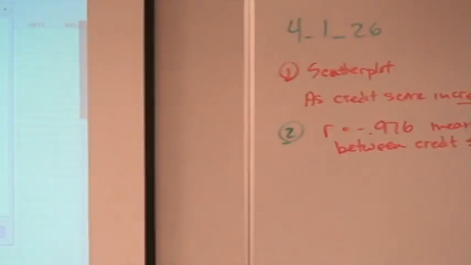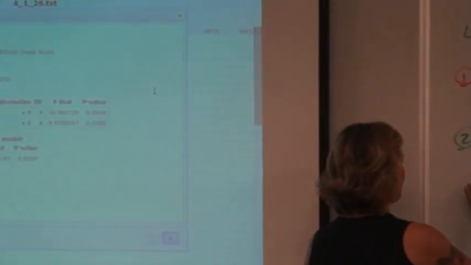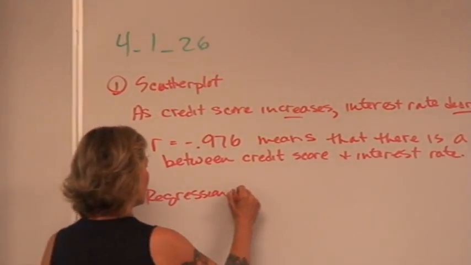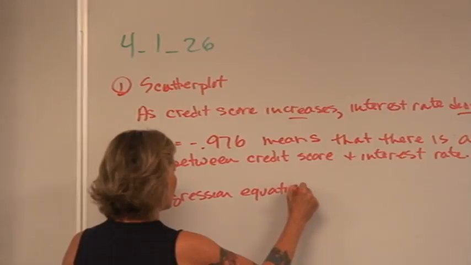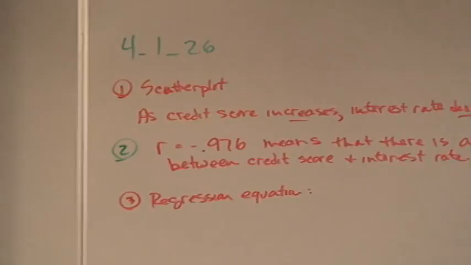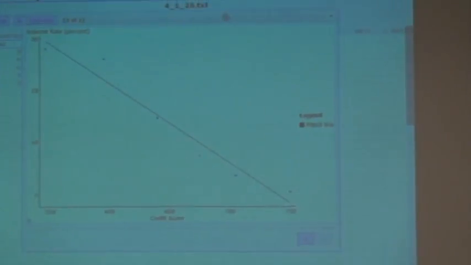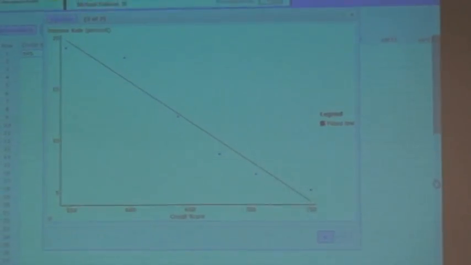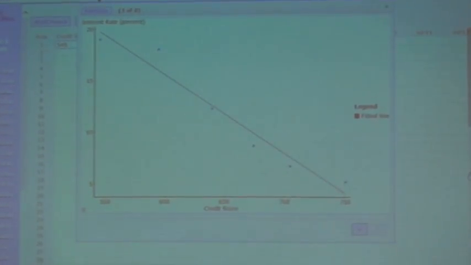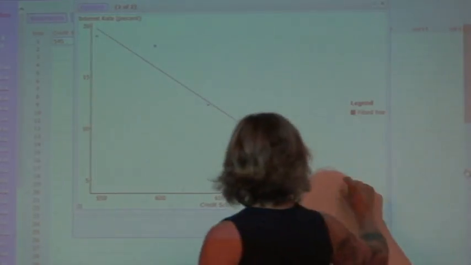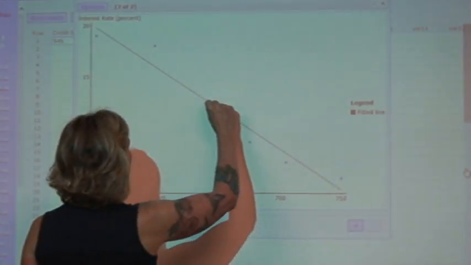How about the regression equation? Oh, and hey, you guys, if you click the little blue arrow at the bottom, you have a picture of the fitted line with the data values. Remember that the residuals are the vertical distances between each data value and the line.